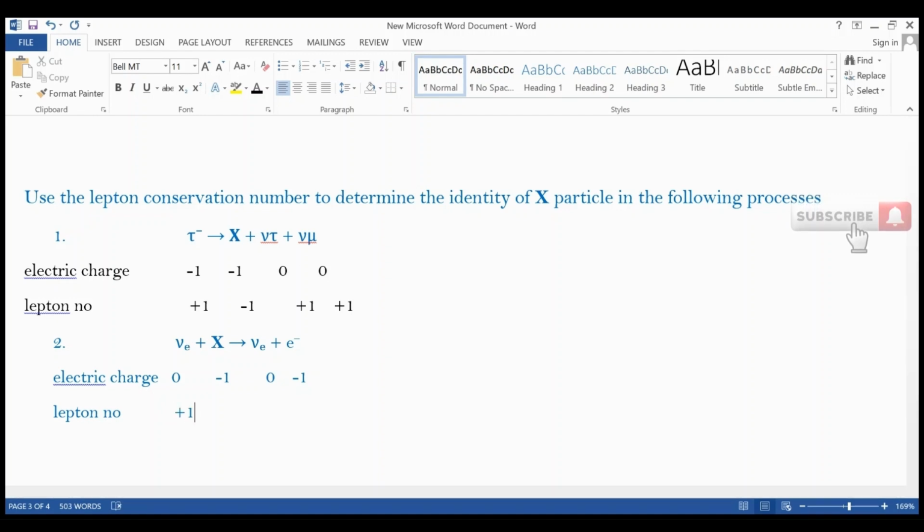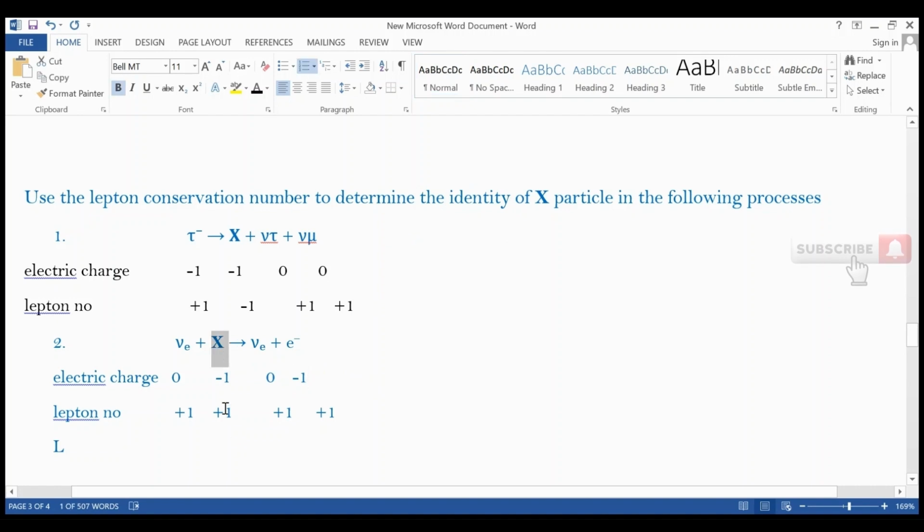Electron neutrino is a lepton, so having a value of plus 1. Electron neutrino, same, plus 1. Electron will also have a lepton number of plus 1. So on this side we have plus 2. Here must be plus 2. So the X particle would have a lepton number of plus 1.